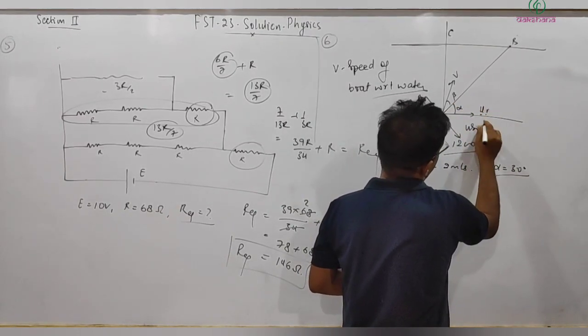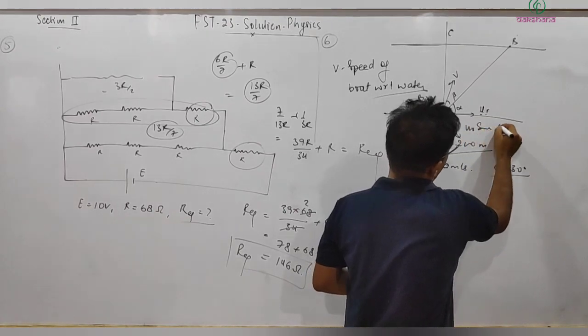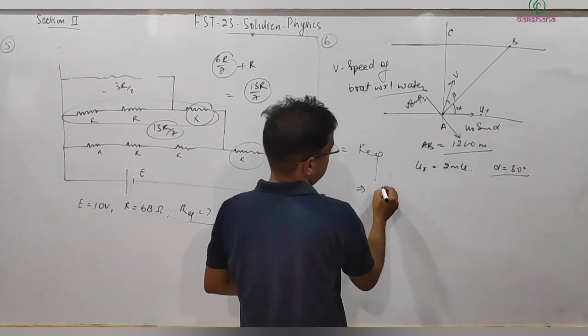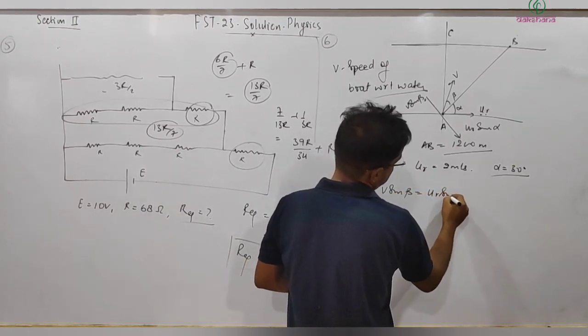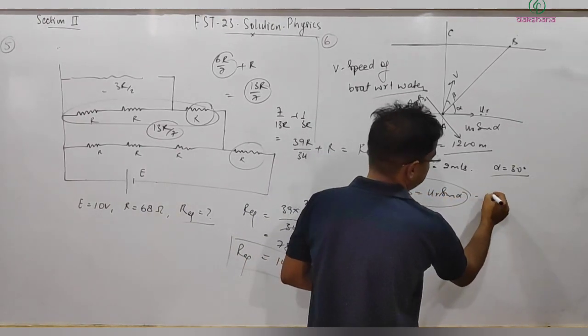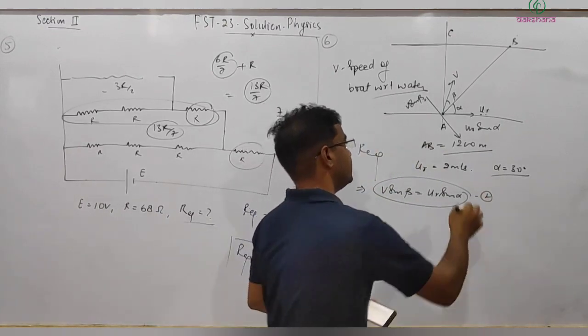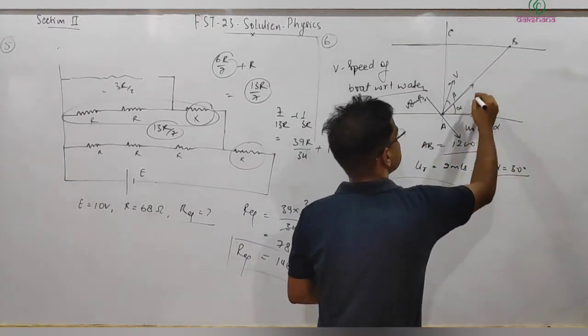So UR sine alpha must be equal to V sine beta. One relation we got. Net velocity along this is how much?